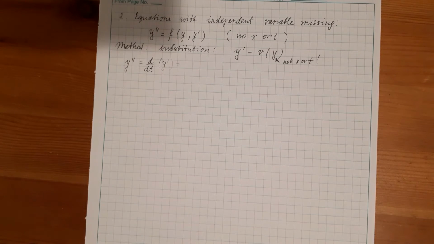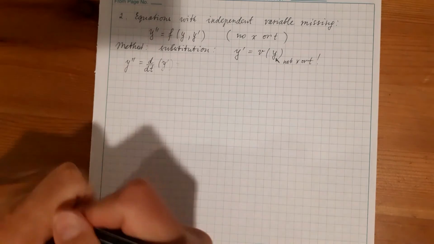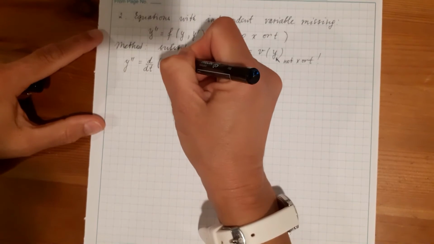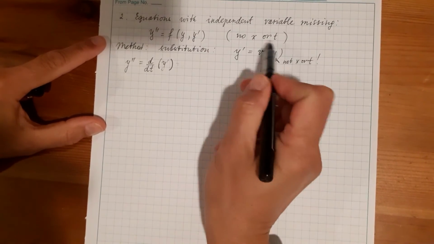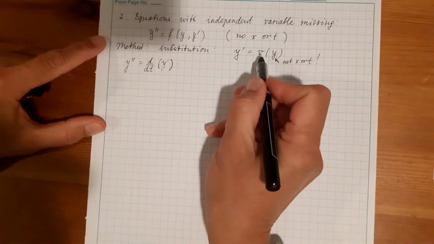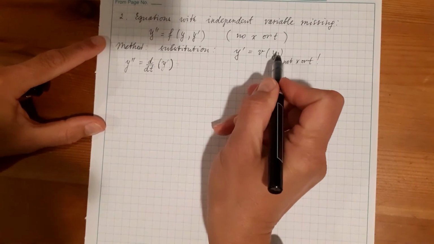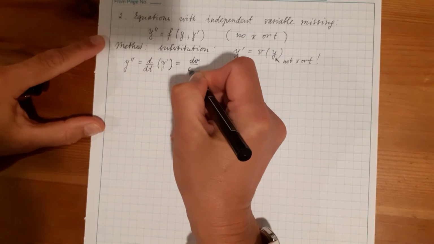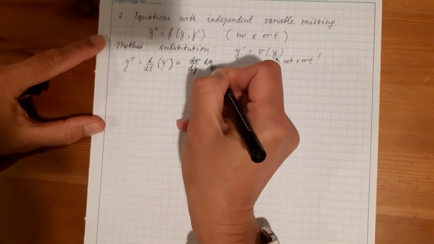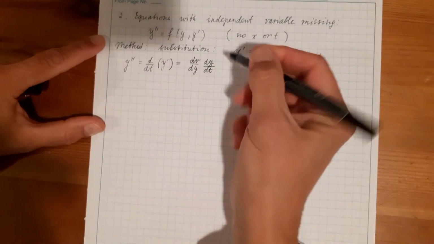Just a second. We need to differentiate the expression for y prime by t, right? That's v, which depends on y, and y, which depends on t.